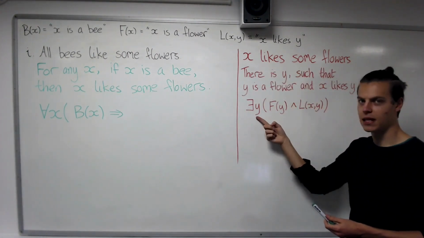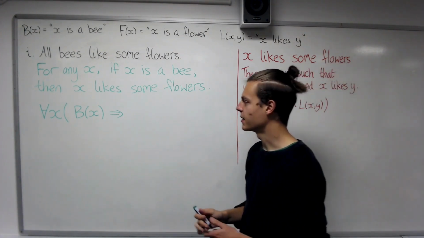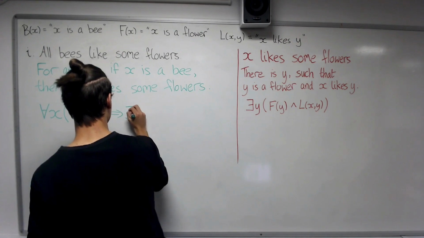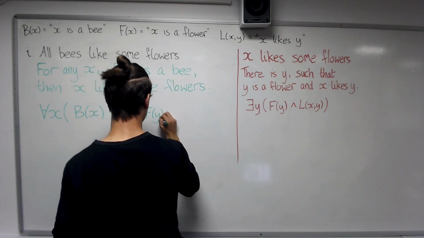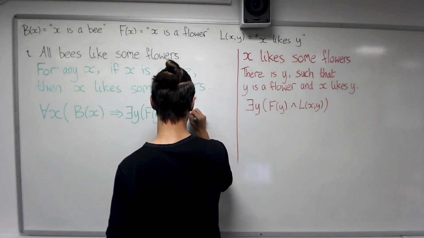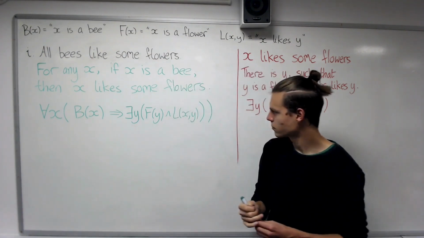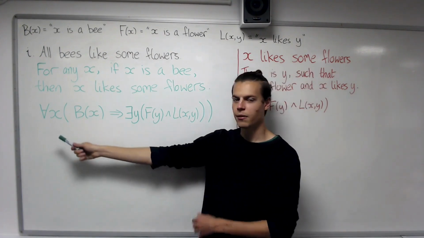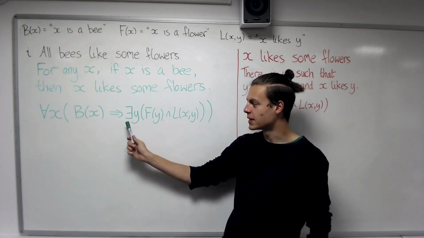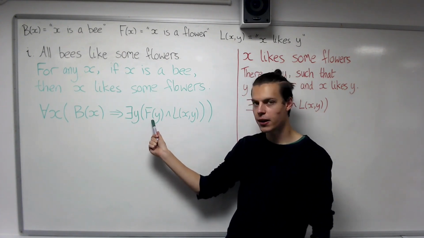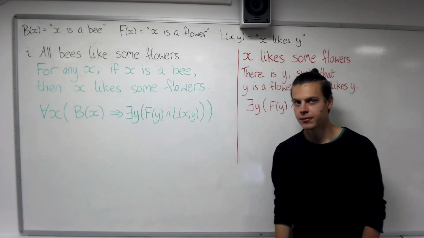This statement says exactly that, so let's write it in here. So this statement says, for anything x, if x is a bee, then there is something y such that y is a flower and x likes y. And that's our statement.